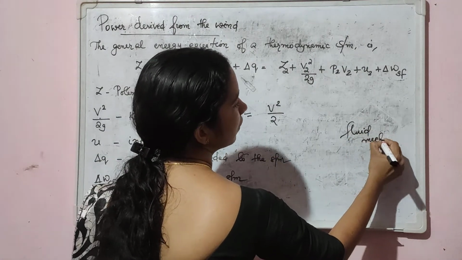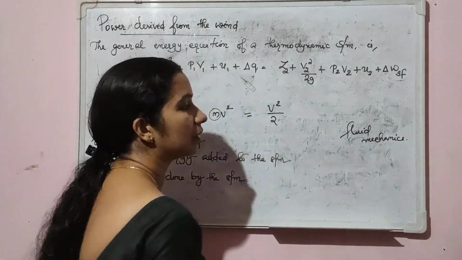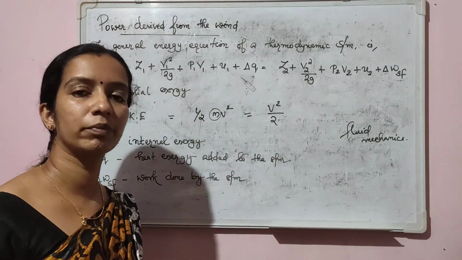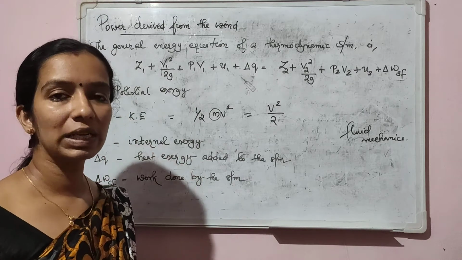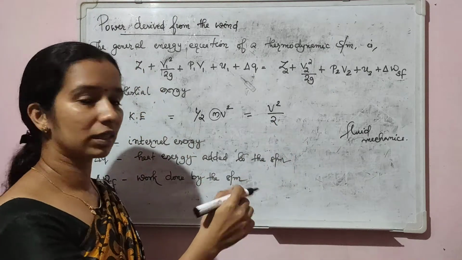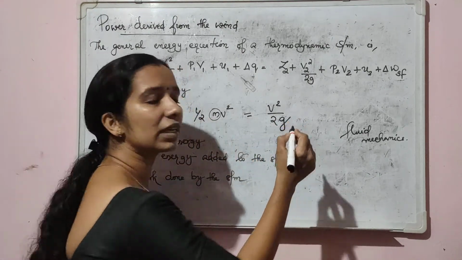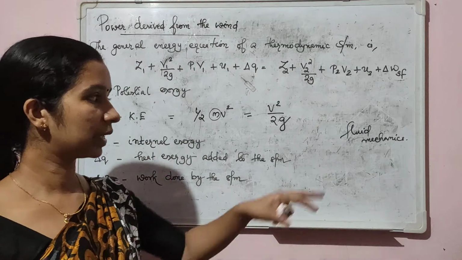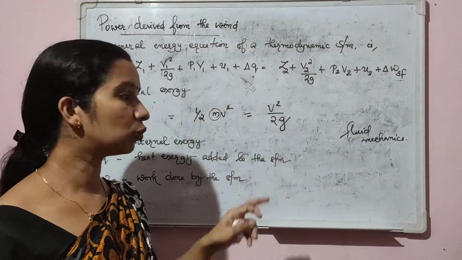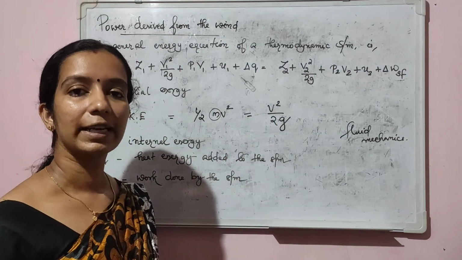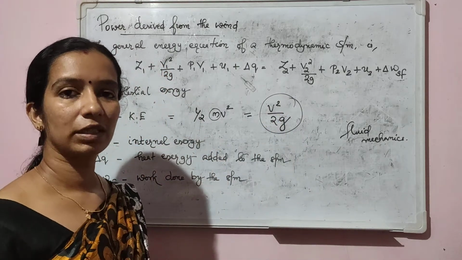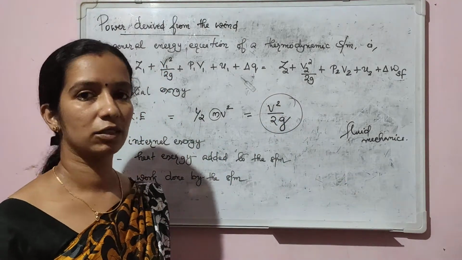In fluid mechanics, using Bernoulli's equation, you may have heard of it, these terms are usually divided by the acceleration due to gravity. It is based on Bernoulli's principle. We can divide this term V square by 2 using the acceleration due to gravity. This is a general procedure that we are adopting from fluid mechanics. So keep it in mind.